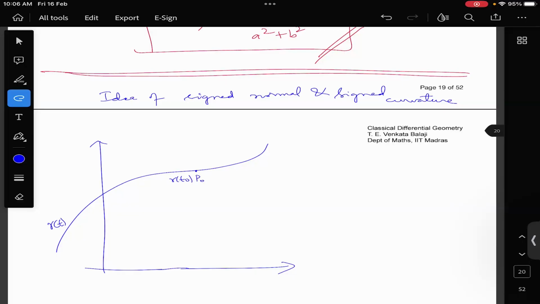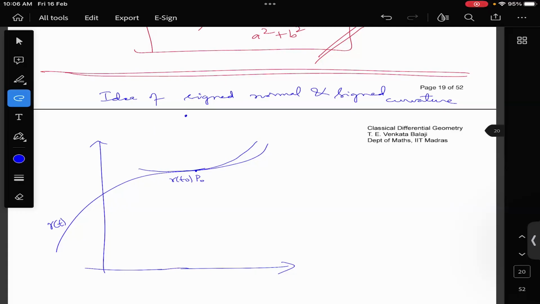At that point, we found the best fitting circle, which is the circle of curvature. You have a picture like this: there is a best fitting circle at that point, and the center is somewhere here.